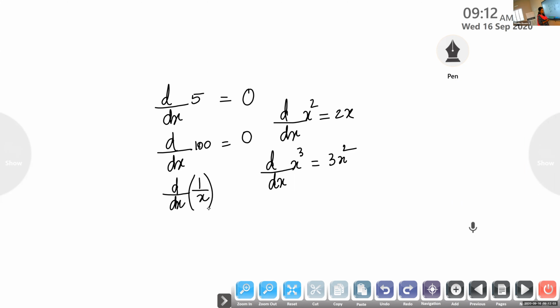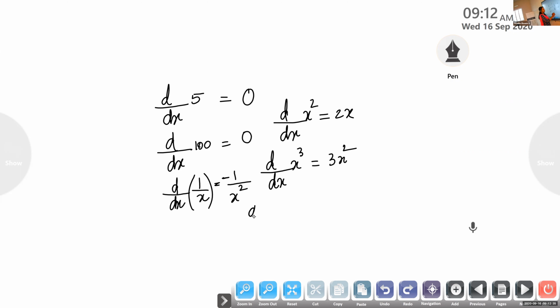Shivani, derivative of 1 by x? Check it. What is the formula, Ashwin? Minus 1 by x square. Change it, Shivani: derivative of 1 by x is minus 1 by x square.